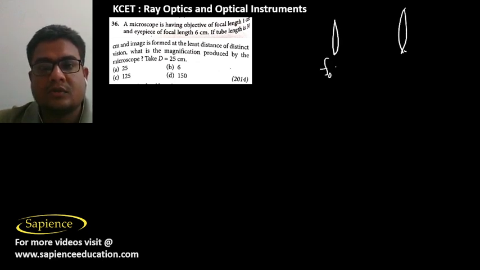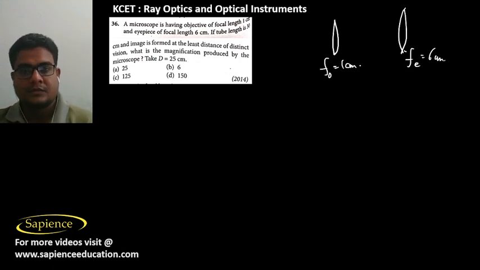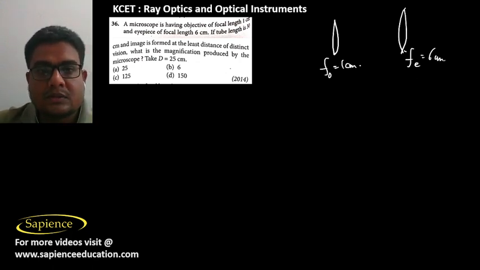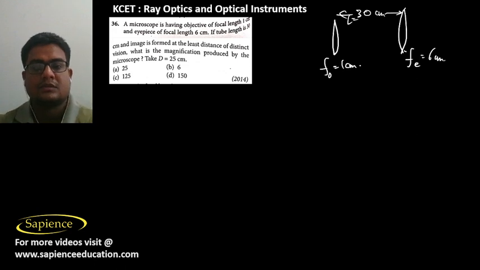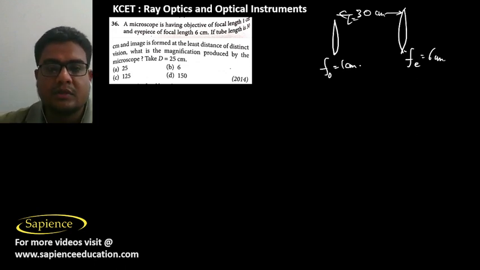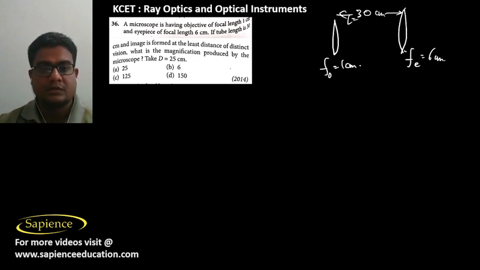The focal length of the objective is 1 centimeter and the focal length of the eyepiece is 6 centimeter. If the tube length is 30 centimeter, and the image is formed at the least distance of distinct vision, then the magnification produced by the microscope is how much? Take D equal to 25 centimeter.